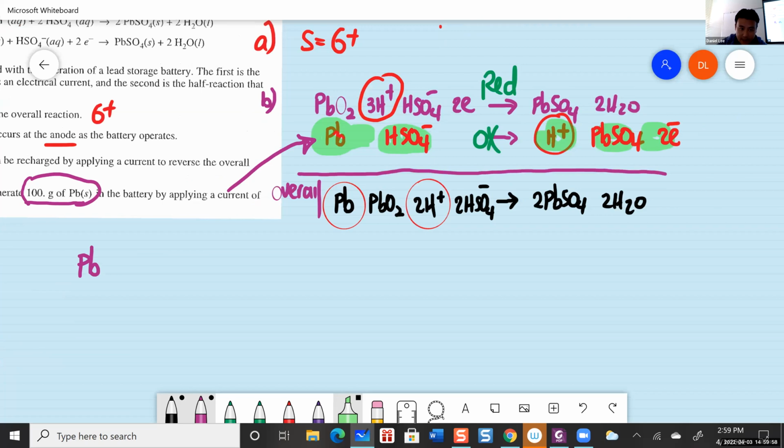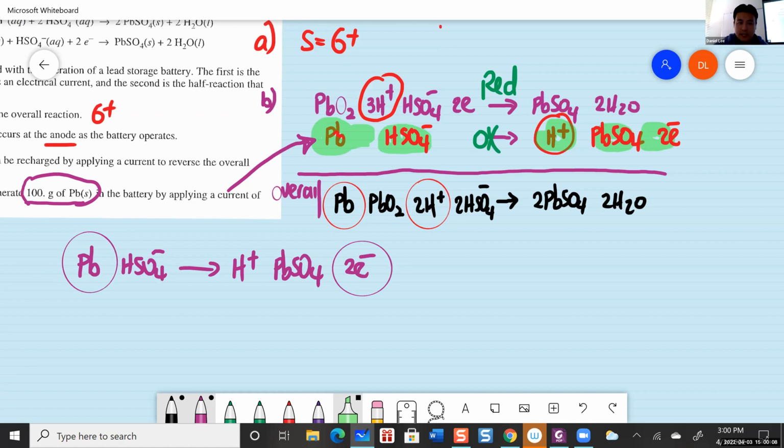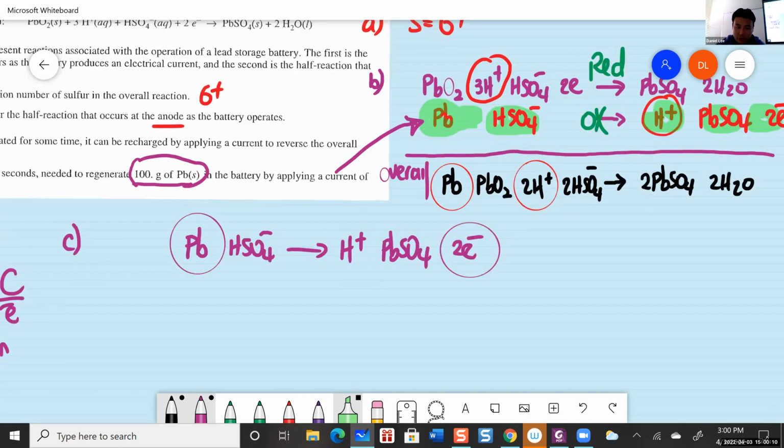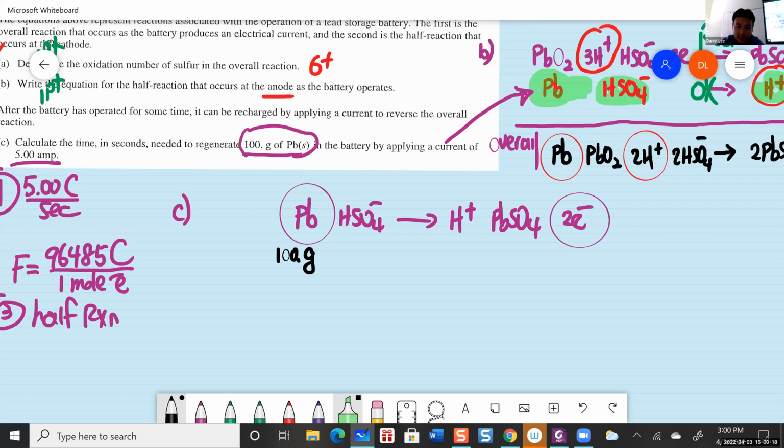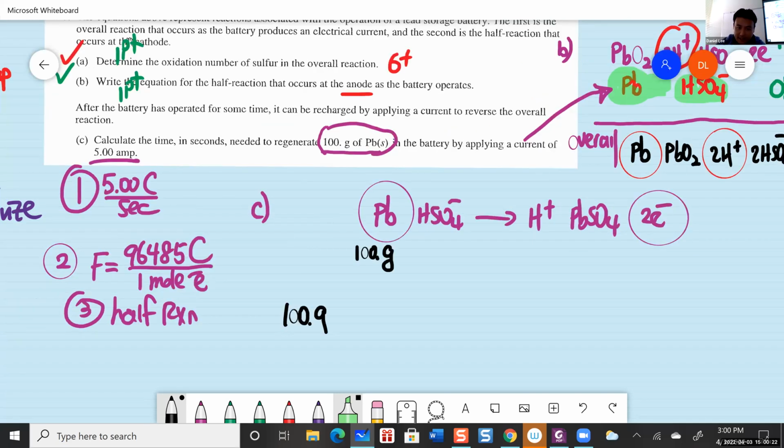Pb plus HSO4 minus gives you H plus, PbSO4, and 2 electrons. I just care about Pb and moles of electron, okay? So my stoichiometry begins with 100 grams of lead. My goal is to find out time in seconds. So look at the dimensional analysis, it will work out nicely. So grams of lead, you have to convert to moles of lead with the molar mass.